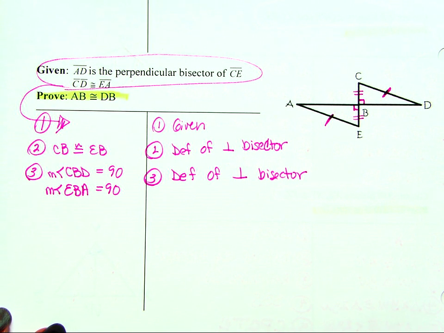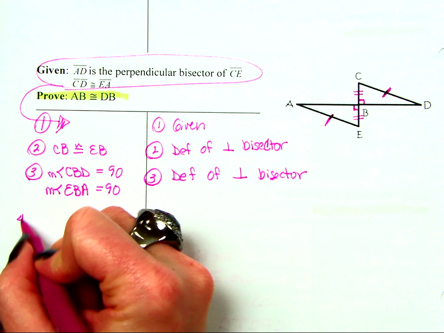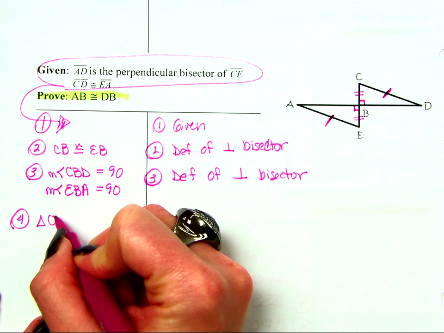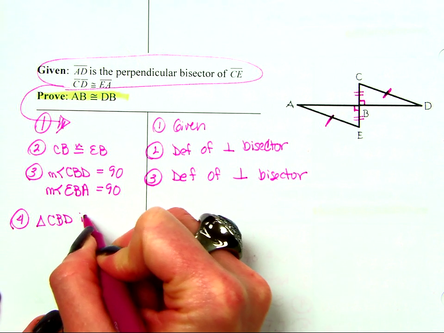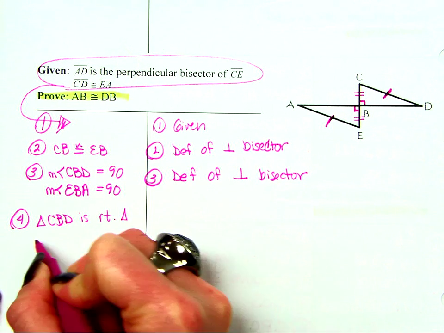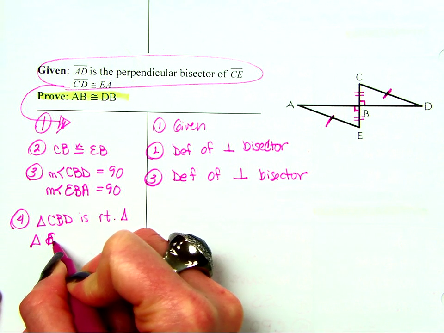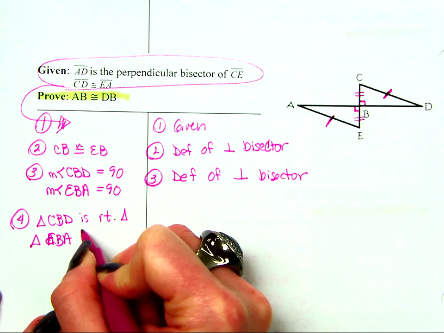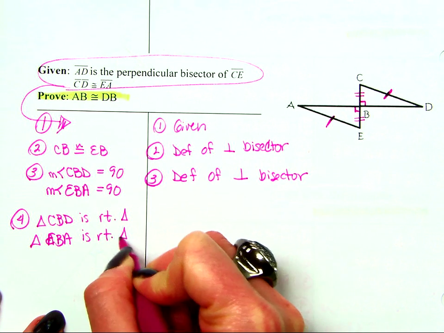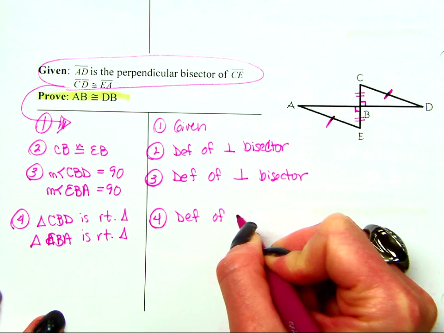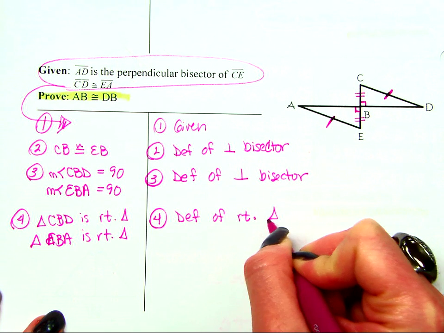Now, with my 90-degree angles, I can go ahead and say that I have some right triangles. So my triangle CBD is a right triangle, and my triangle, say, EBA is also a right triangle. By the definition of the right triangle.